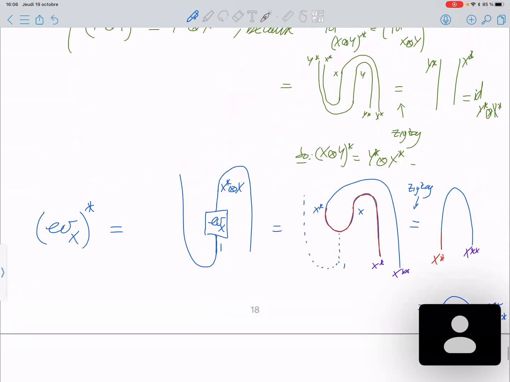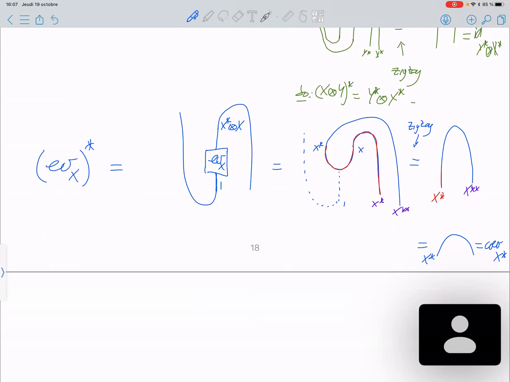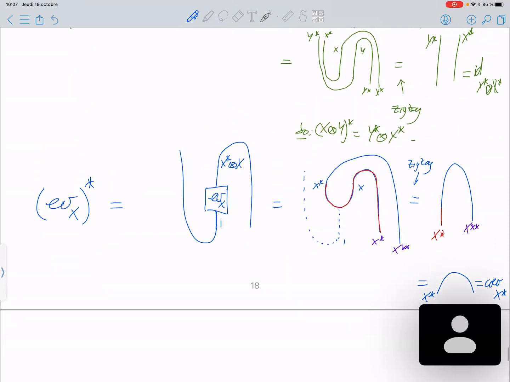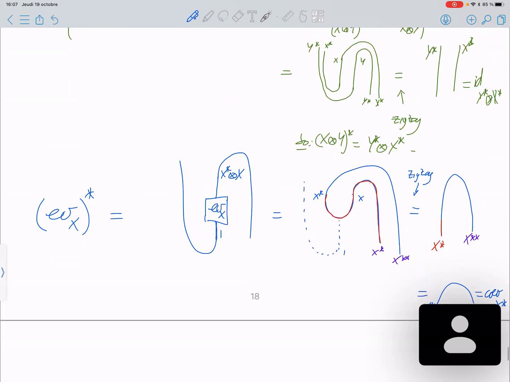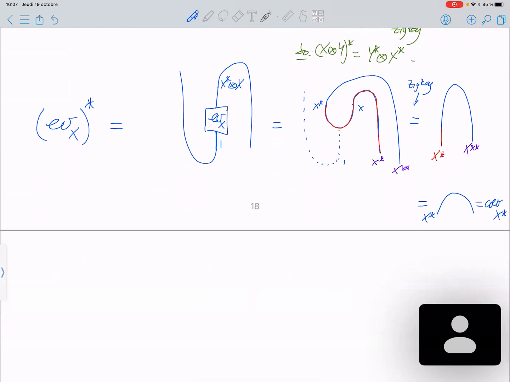It is straightforward again. You just have to be a little bit comfortable with the pictorial graphical calculus, but you see that the dual of the evaluation map is the co-evaluation map of the dual object. And the second equality is the same.